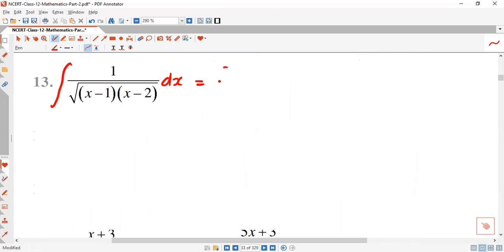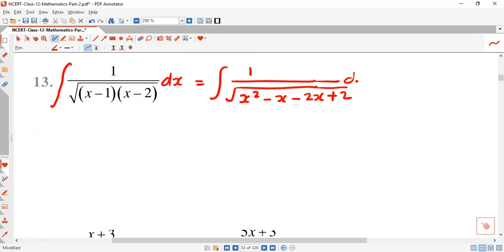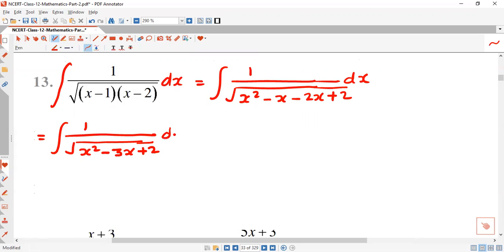We get 1 upon under root x square minus x minus 2x plus 2 dx. This can be written as 1 upon under root x square minus 3x plus 2 dx.